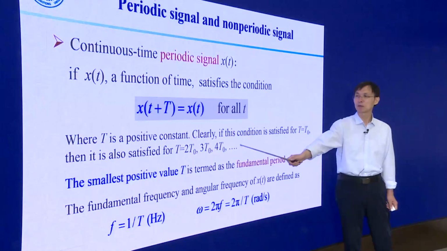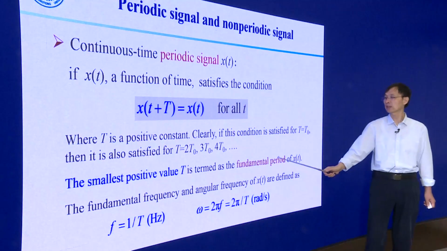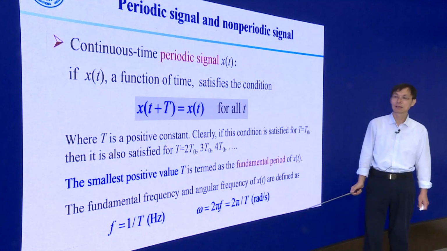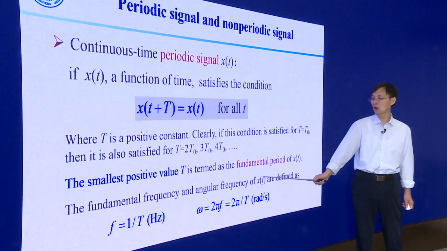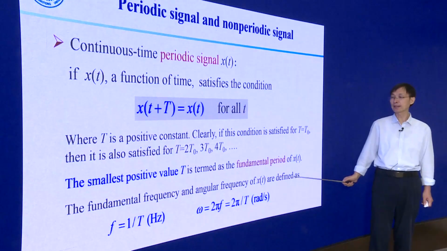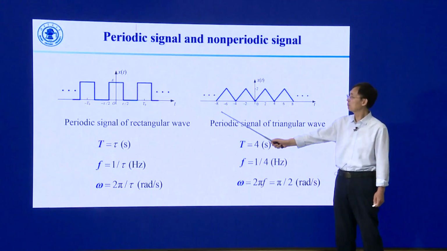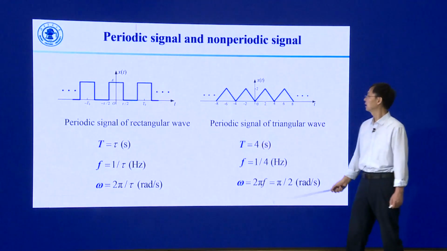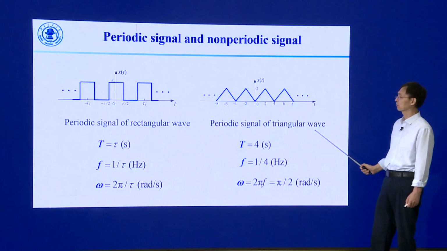The smallest positive value T is termed as the fundamental period of x of t. The fundamental frequency and the angular frequency of x of t are defined as in this equation. This is a periodic signal of rectangular wave. This is a periodic signal of triangular wave.